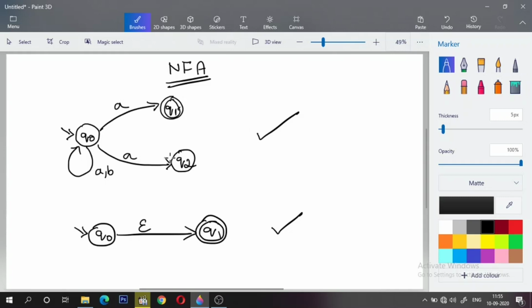Such an NFA which has epsilon transitions is called an epsilon NFA or epsilon NDFSM. So these are the two major provisions that are allowed in the design of NFA over DFA.